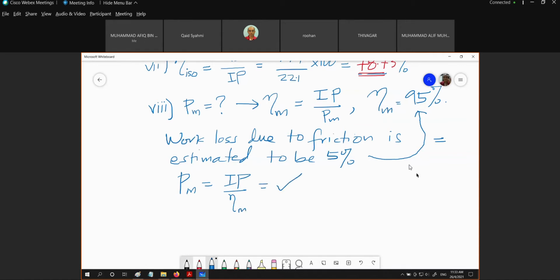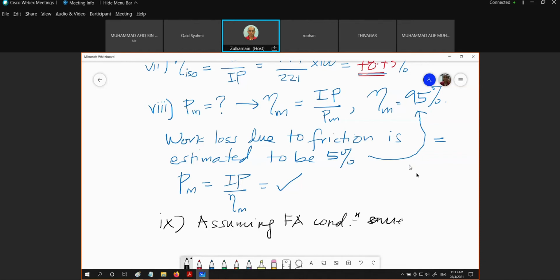Okay. What else do you think I can add up? I can add up assuming the free air condition is the same as the induction condition.